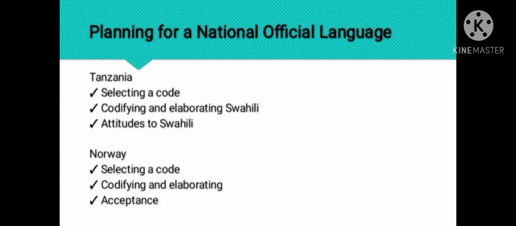If Nynorsk was to be accepted at all, government support was essential, and it was also necessary to persuade influential public figures to endorse and to use the new variety in public contexts. I think that's all about planning for a national official language.